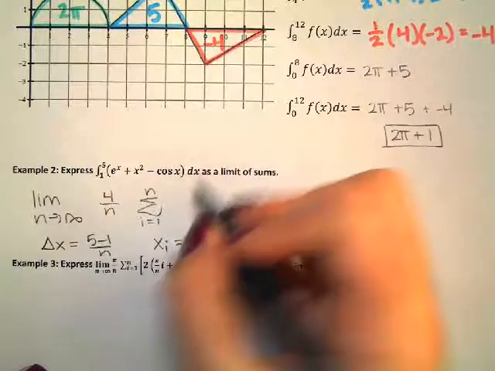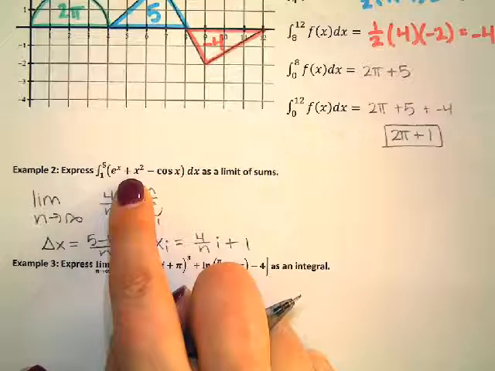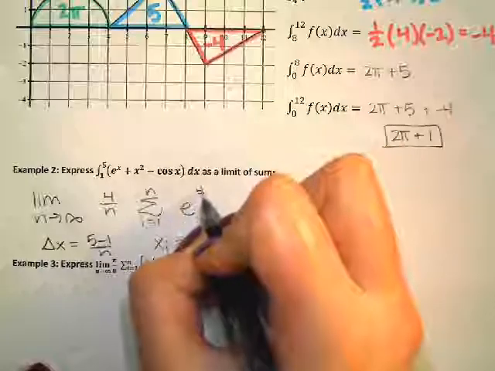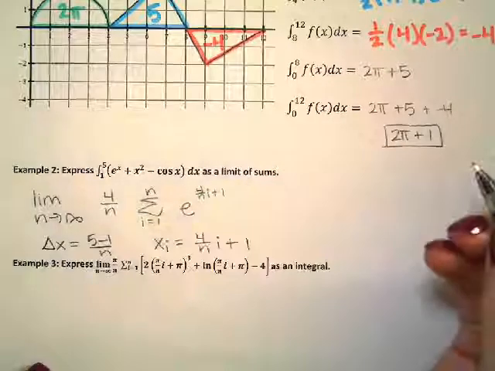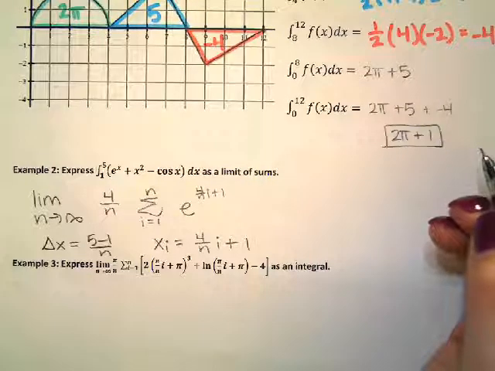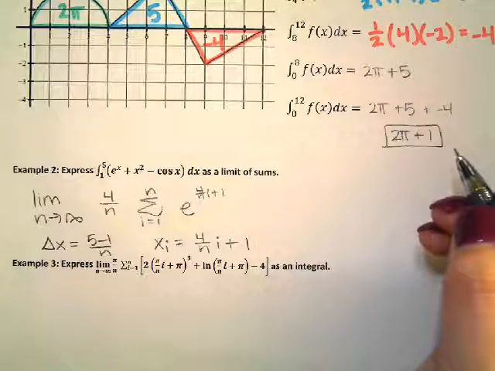All right. So now we're going to say this is what we're plugging into the function. We got a crazy function here. So what should I start writing now? 4 over n plus i plus 1. Or could you also just write f of x sub i? We're going to do the worst case scenario, because we know that f of x sub i is the easiest way to write it. So we're going to write it the hard way just so we have it in our notes.